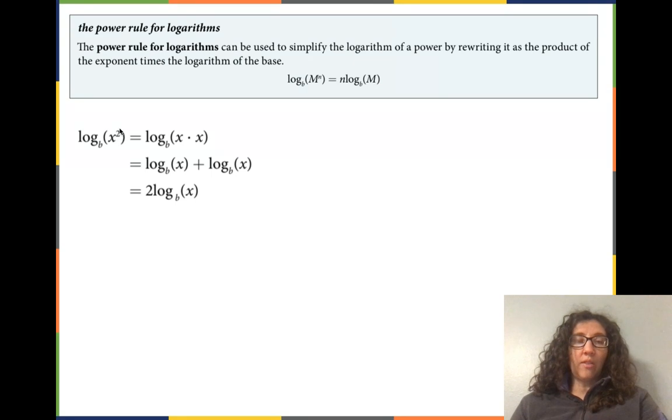But if we had log of x squared, that's the same as log base b of x times x. We can use the product rule to break that up. And look, we've got two of them, right? So it's not really a proof, but it gives you an idea of why this would work. If we have an exponent here, we can use the product rule to make it a sum.